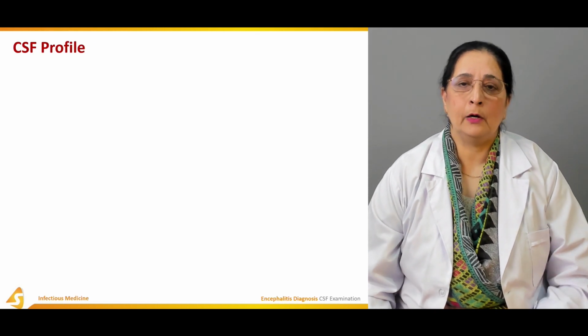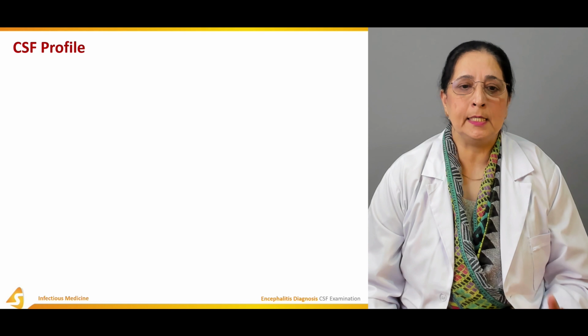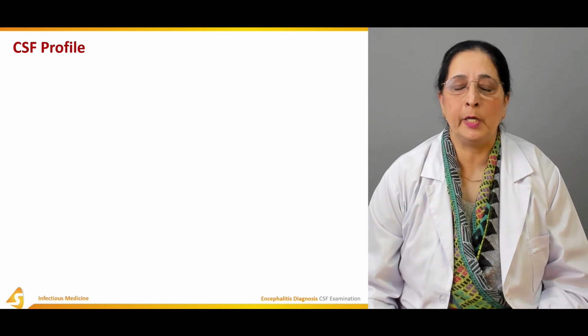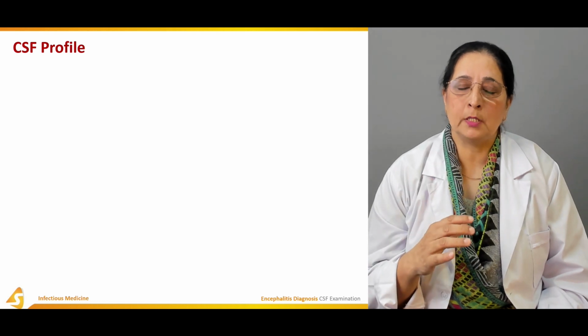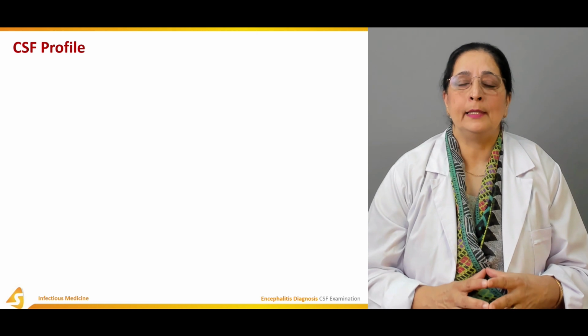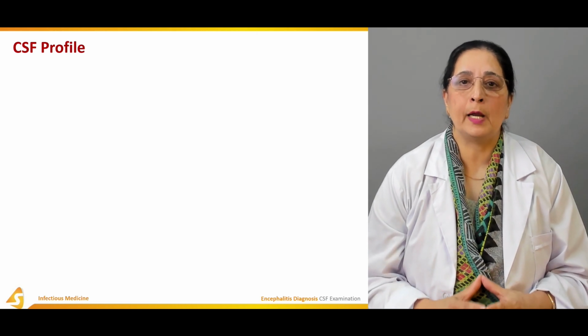So profile of the CSF, and CSF is the cerebrospinal fluid. It's the fluid that flows around the brain and the spinal cord. That's why the name is cerebrospinal fluid.